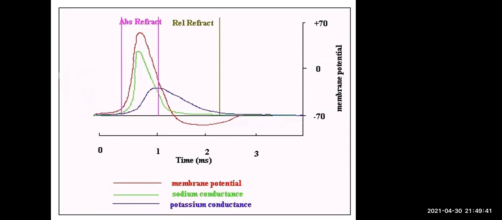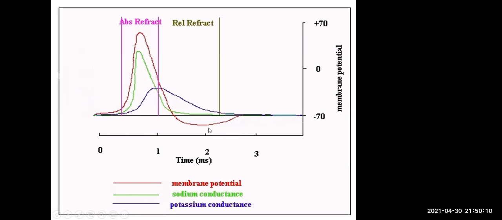At this time, an extra strong, supramaximal suprathreshold stimulus is required to open the sodium channels. Then you can obtain one more action potential. So that's why it is called a relative refractory period, not the absolute refractory period.